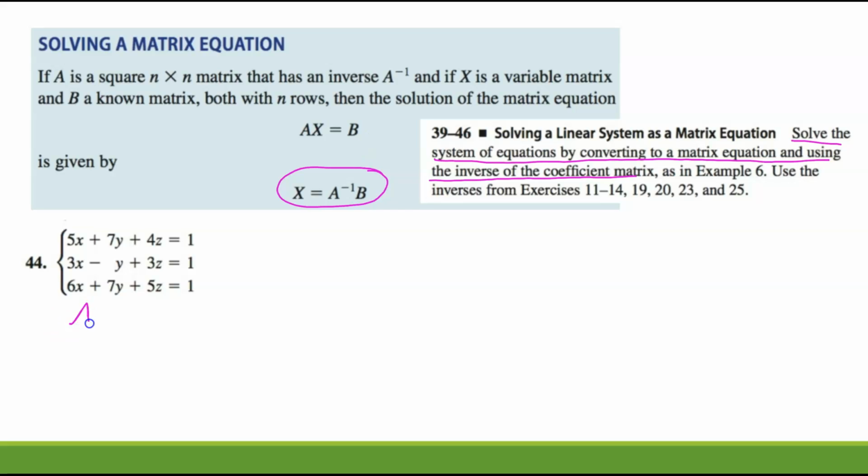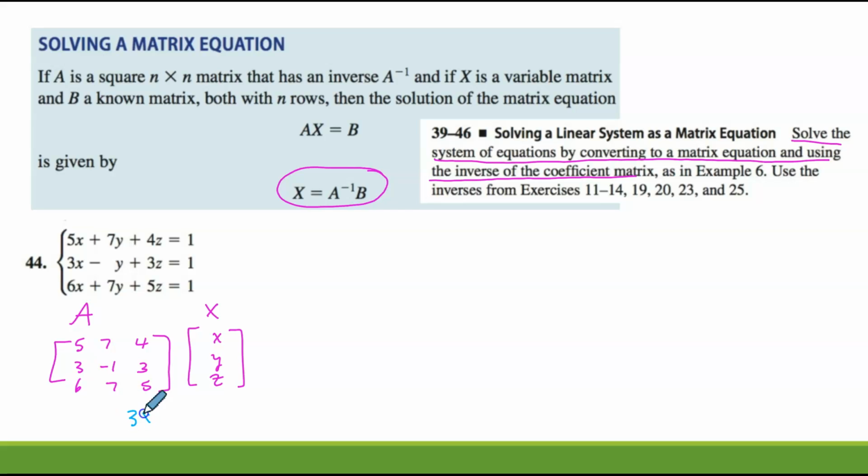Okay, so what we could do is define an A matrix. That would be 5, 7, 4, 3, -1, 3, 6, 7, and 5. That would be our A matrix. Our variable matrix would be X, Y, Z. Now, why did I put this in that format as a 3 by 1?